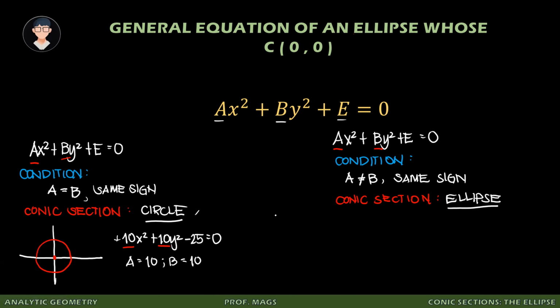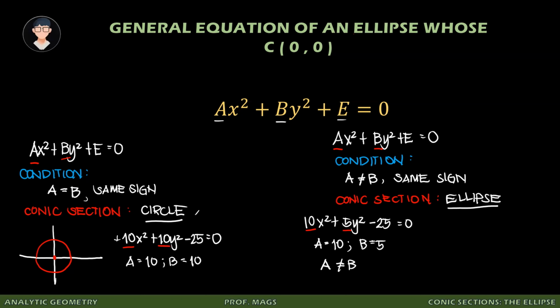Our example is 10x squared plus 5y squared minus 25 is equal to 0. The value of A here is 10. The value of B is equal to 5. And if that's the case, so if A is not equal to B, di ba?